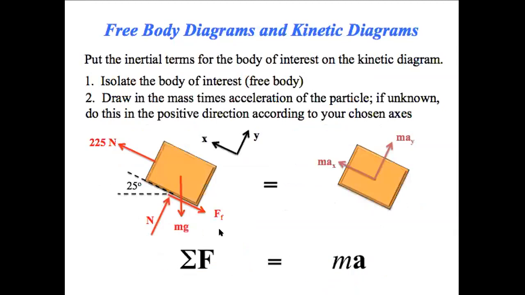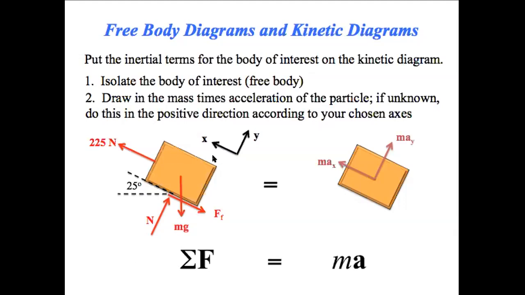Look at this example. This is the free body diagram, and the right side is showing the kinetic diagram. In the kinetic diagram, we have m a_x and m a_y. For the free body diagram, the 225 newton force is applied to the box, so the box moves along the direction of this force.